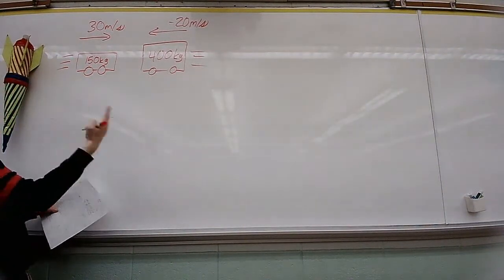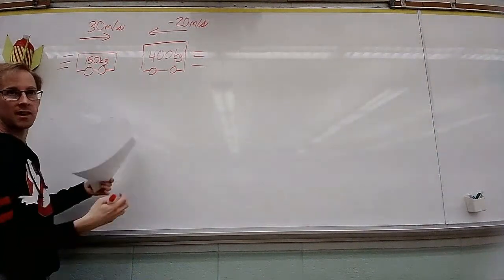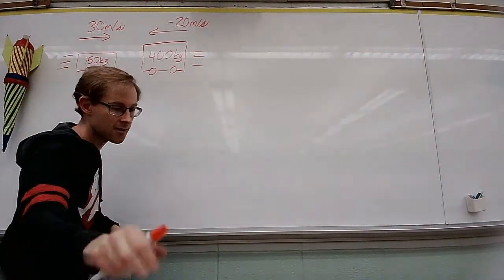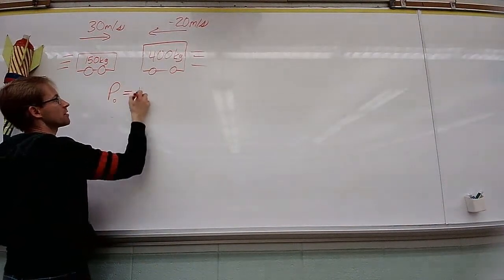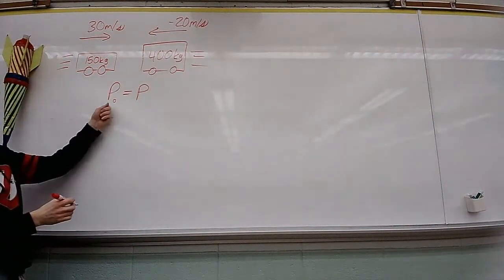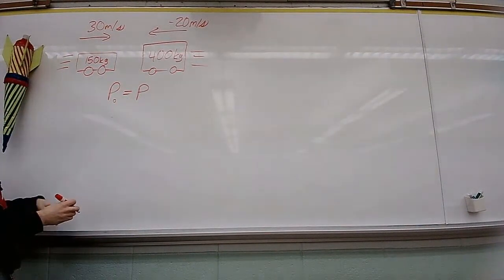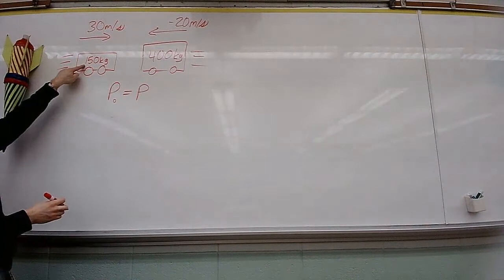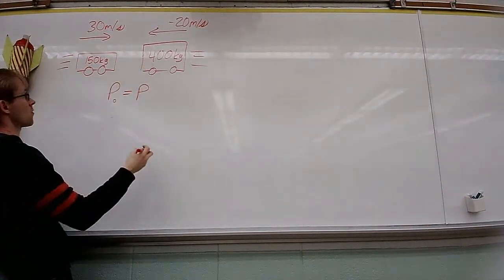So if we want to figure out the total velocity of the combined masses after they smash together, we just got to approach it the same way we approach every single other momentum problem. Original momentum equals final momentum. So I'm going to call this mass 1 because its mass starts with the number 1. I'm going to call this mass 4 because it starts with the number 4.